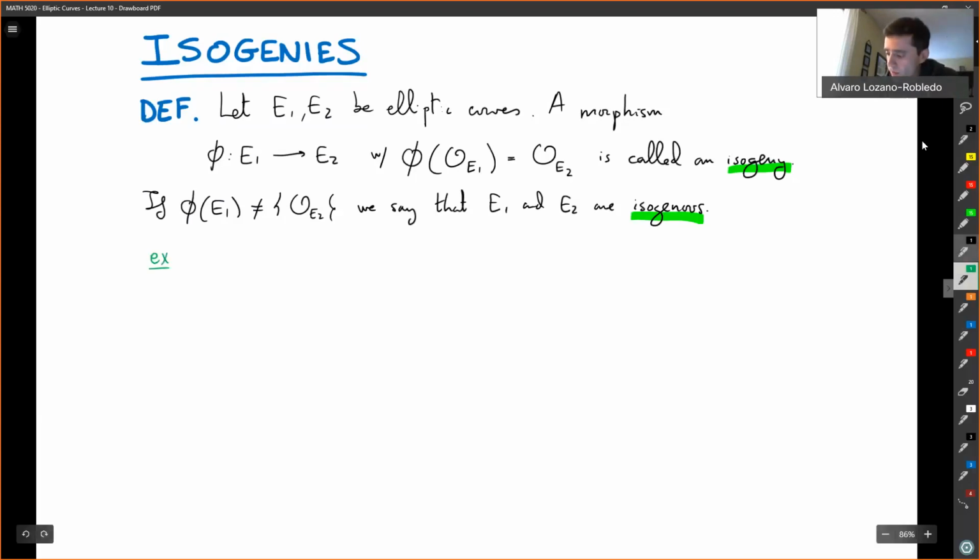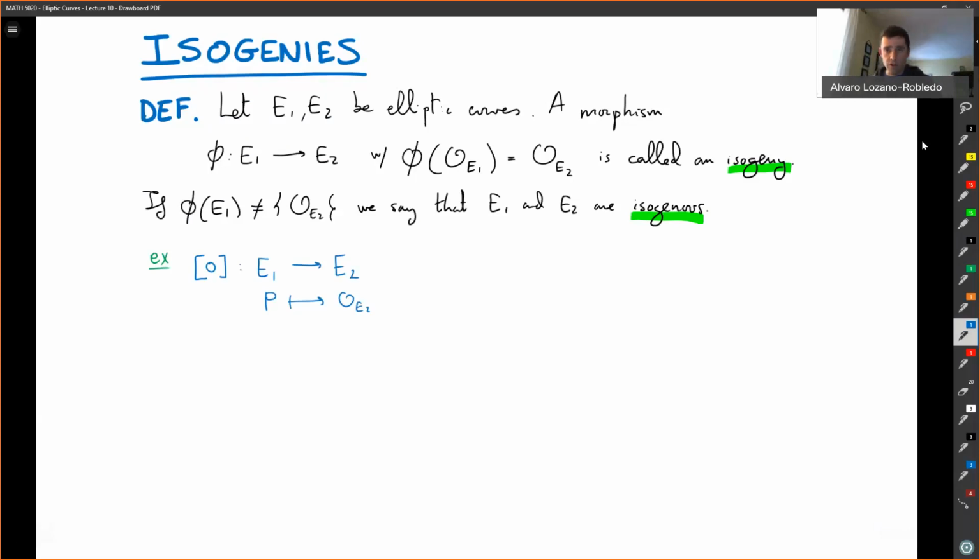So we always have the map 0 that sends E1 to E2, that sends every point to O of E2. That is an isogeny, but that is the trivial isogeny, the constant isogeny.